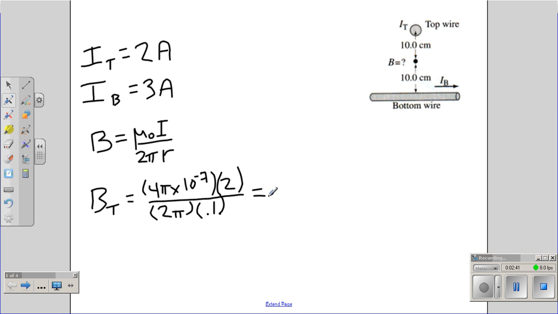This will give you, if you use your calculator correctly, a magnetic field of 4 times 10 to the minus 6 Tesla. Whenever you see something like minus 6, you can say micro, so 4 microtesla. And that's at a distance of 10 centimeters.